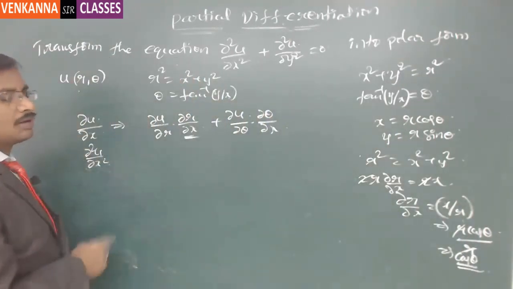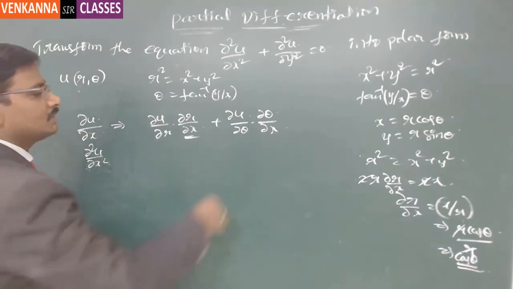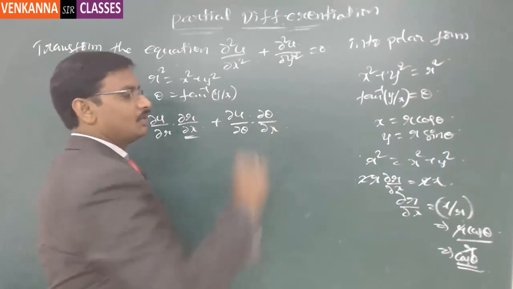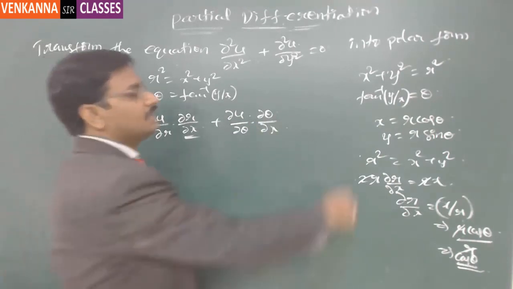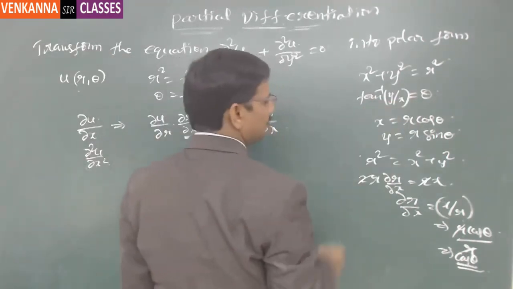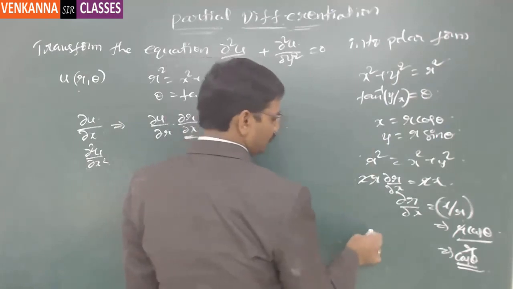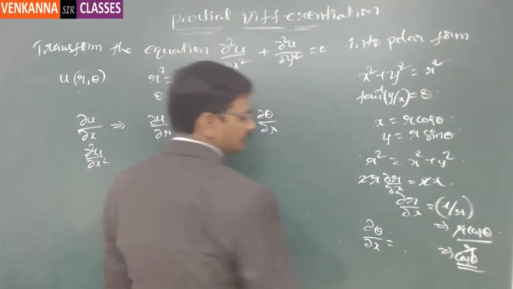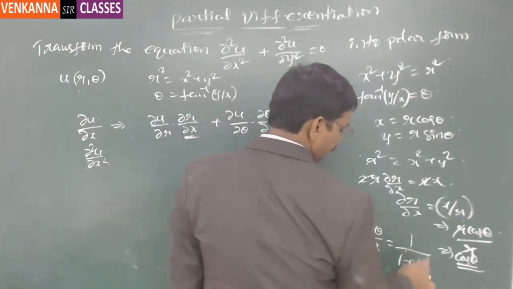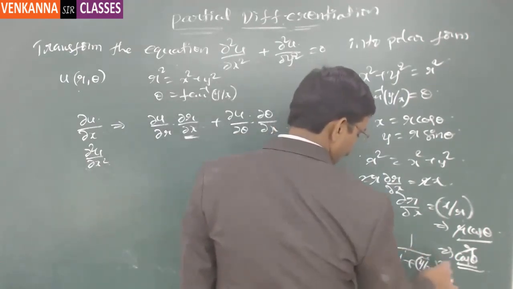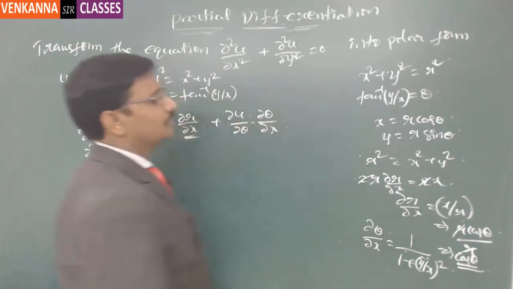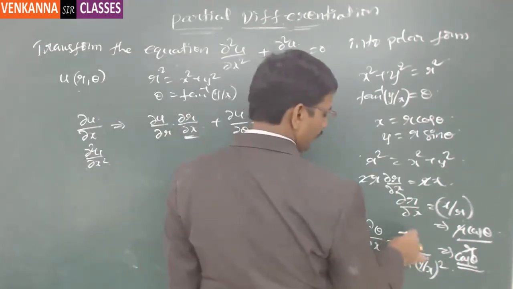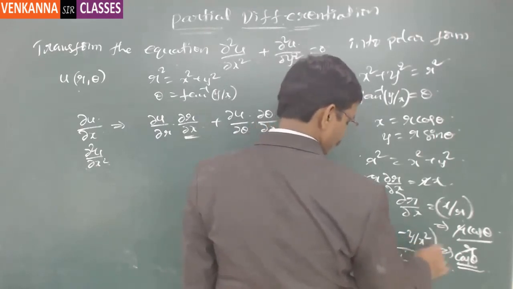∂u/∂r you can keep as it is. Similarly, ∂u/∂θ you can keep as it is. And ∂θ/∂x: here θ = tan⁻¹(y/x), so ∂θ/∂x is 1/(1 + (y/x)²) times the derivative of y/x with respect to x, which is −y/x².